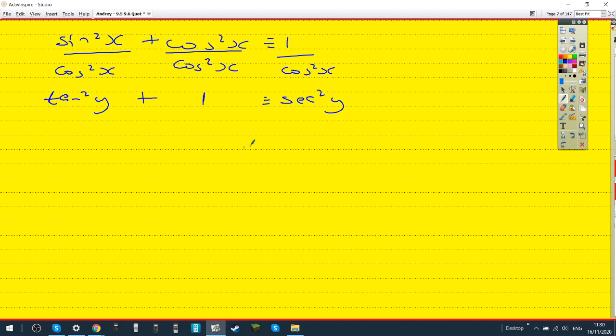And so what is sec squared y the same as in terms of x? 1 minus x over 1 plus x, squared, plus 1. Yeah, that's using the trig identity that connects sec squared x and tan squared x.